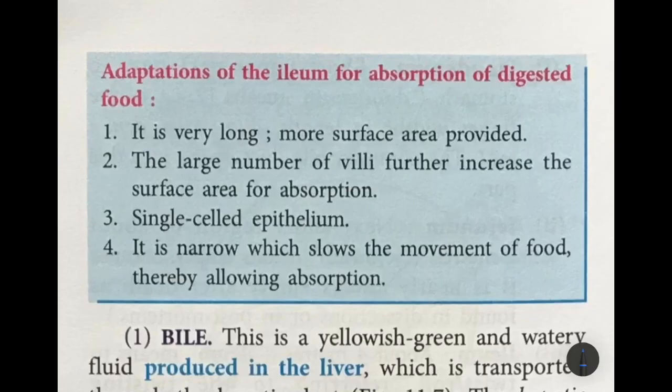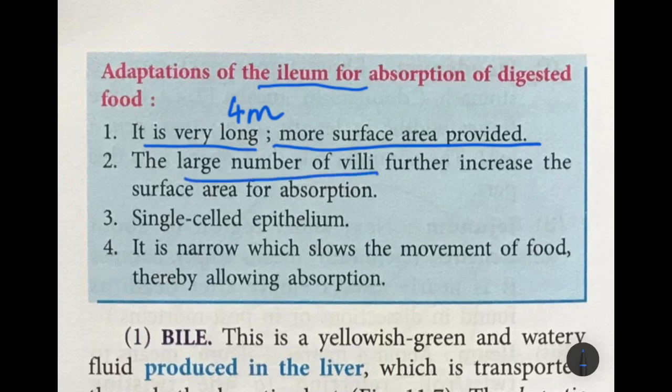The food is digested in the small intestine, especially in the ileum, and the ileum is adapted for absorption of digested food. First, it is very long. You know, it is 4 meters long, and therefore there is more surface area provided. And apart from that, the inner part of the ileum has a large number of villi, which further increases the surface area for absorption, and you already know that it is about 8 times.